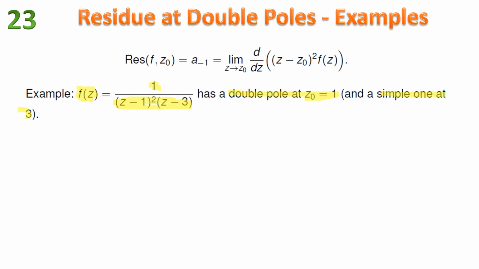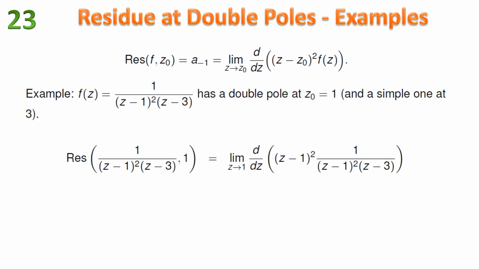Now, by our theory which we have developed in the earlier slide, the residue of the function, I have written the function directly here, at z0, I have selected to be 1 because it has a double pole at z0 equal to 1, and we are interested in finding the residue at the double pole.